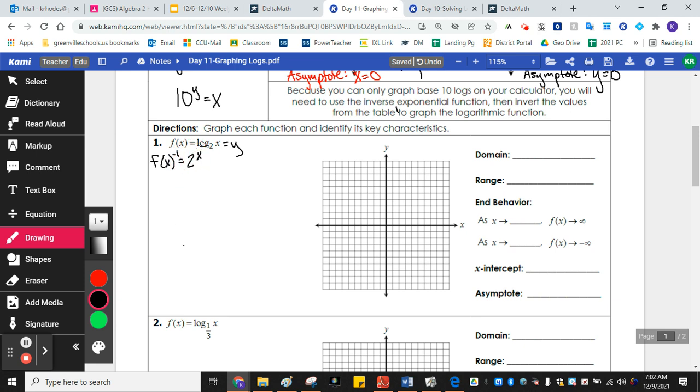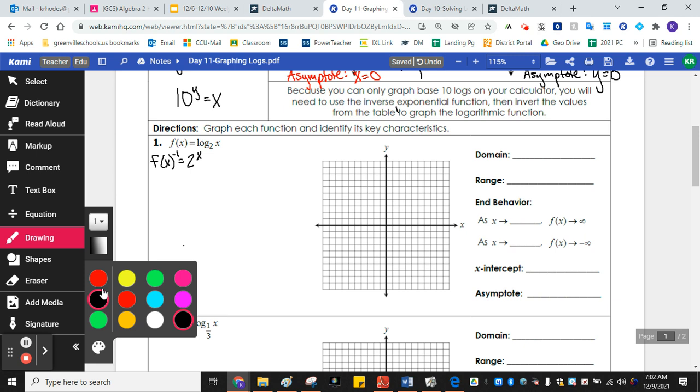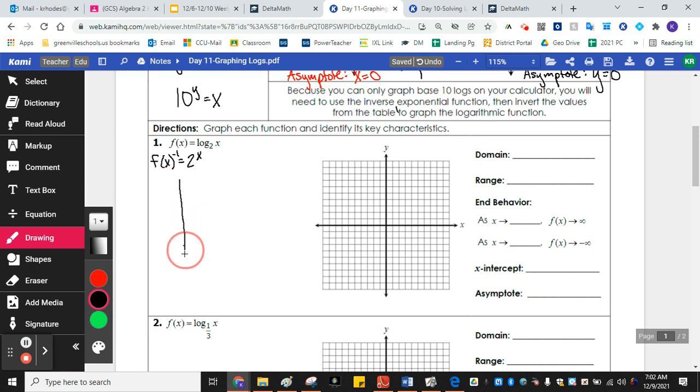So the inverse of log base 2 of x equals y is 2 to the x. And that's because if you write it in exponential form, it'd be 2 to the y equals x, which is why I had the y there.